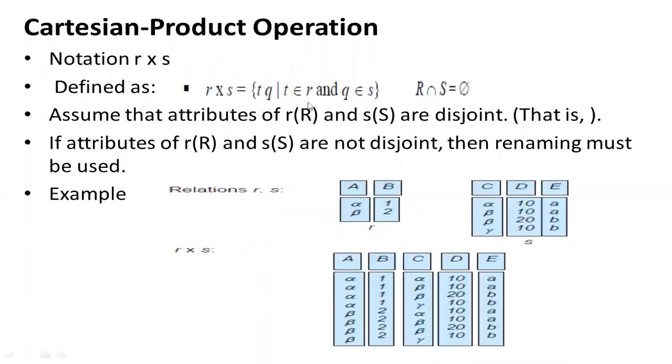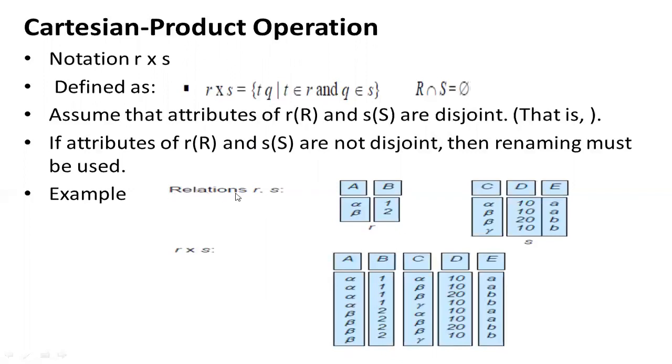Here the first assumption is that there should not be any common attributes, that is, R intersection S equals null. If the attributes of R and S are not disjoint, then renaming must be used. When you have a disjoint set, we'll be combining these two sets of attributes.